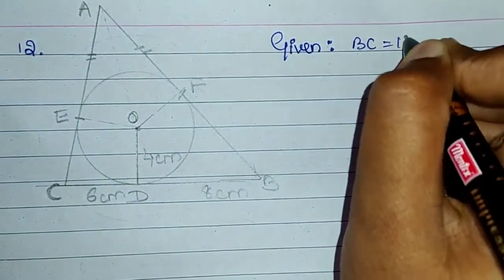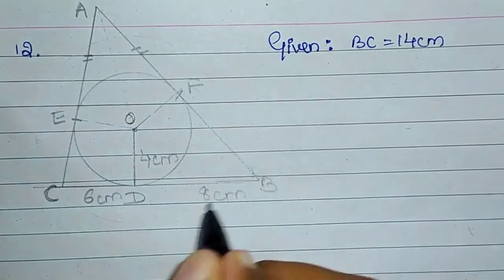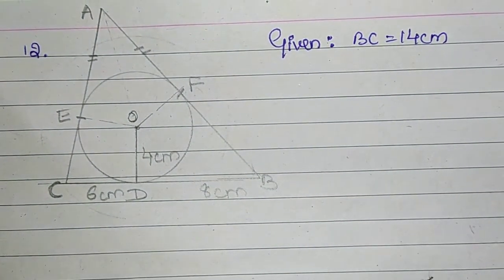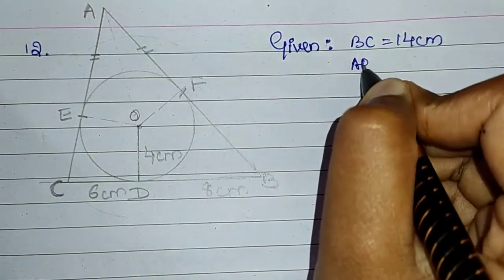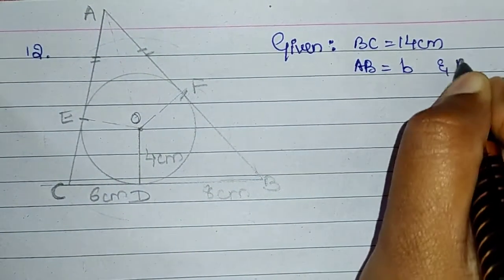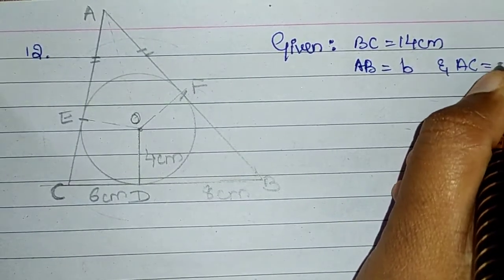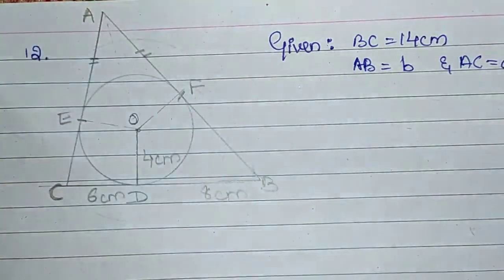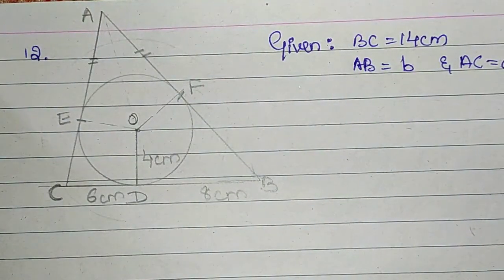BC is equal to 14 cm, the whole side BC, 8 plus 6, 14 cm. AC is equal to the whole length, let AC be b, and AB be c.